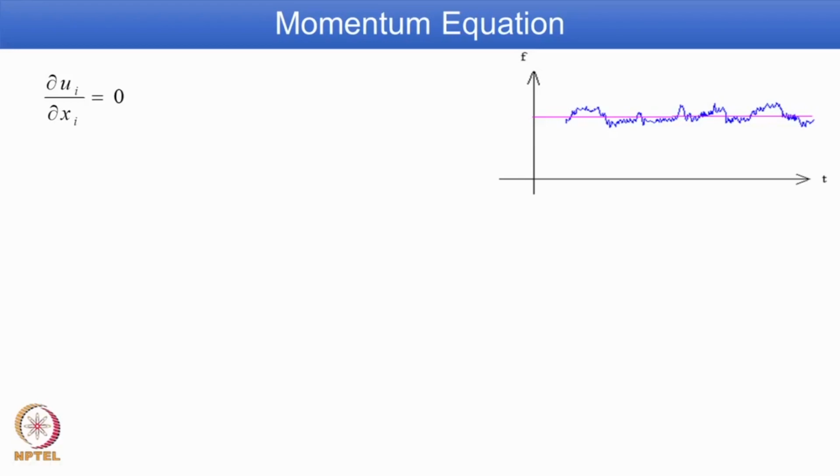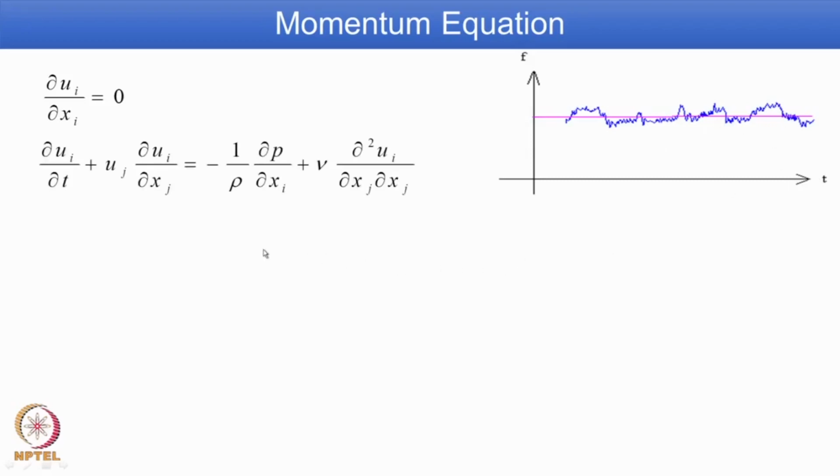We already learned turbulent flows exhibit random variation with time, and this is a representation of a quantity f as a function of time, it shows fluctuation, and we learned the continuity equation in tensor form, the momentum equation in tensor form. Now, we have to take this equation to turbulent flows.